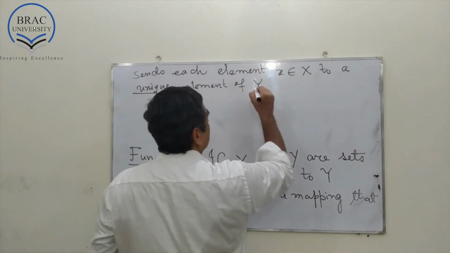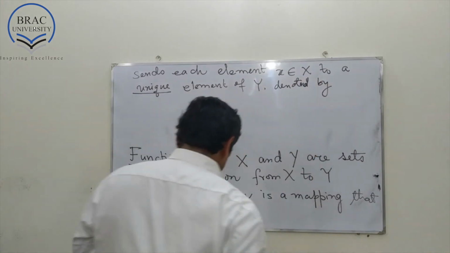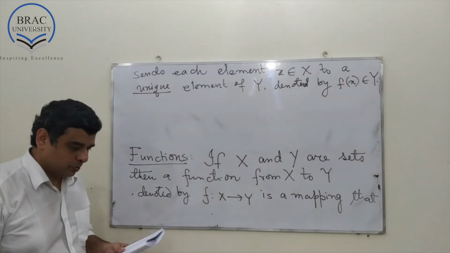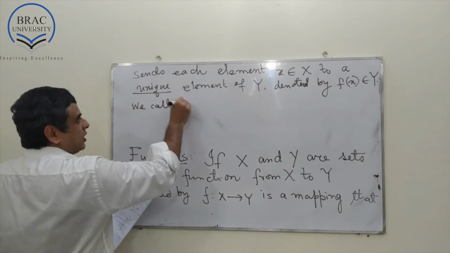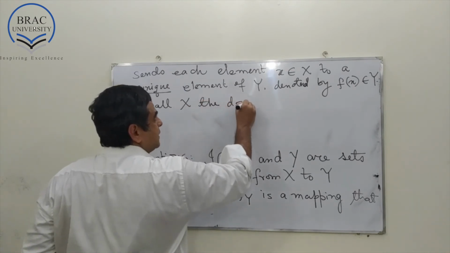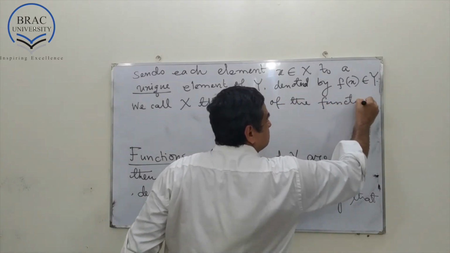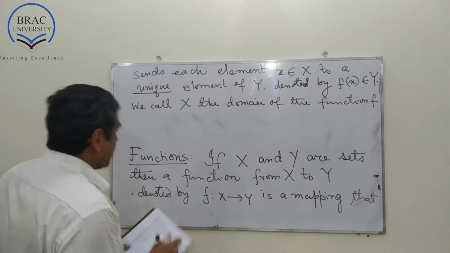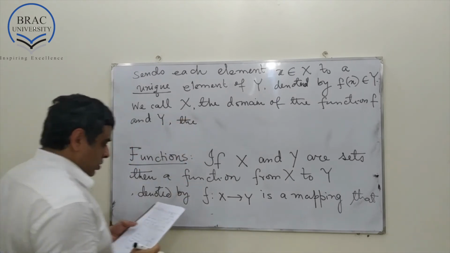So that unique element in Y is denoted by f(x) in big Y. We call X the domain of the function f, and Y the codomain of f.